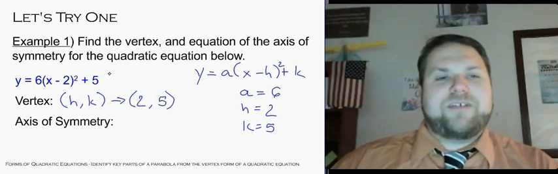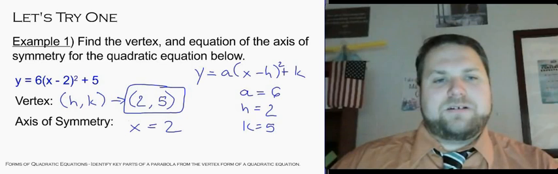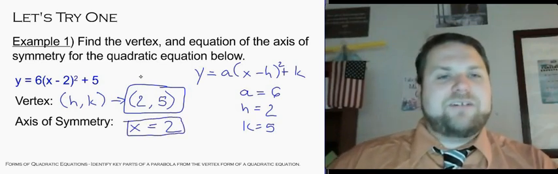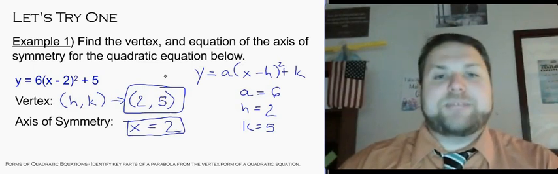The opposite of that for x and that for y. My axis of symmetry is just x equals h, which in this case is 2. So there we go. There are my two answers to those problems, read directly out of the equation. Again, no calculation. Just look at it and tell me.